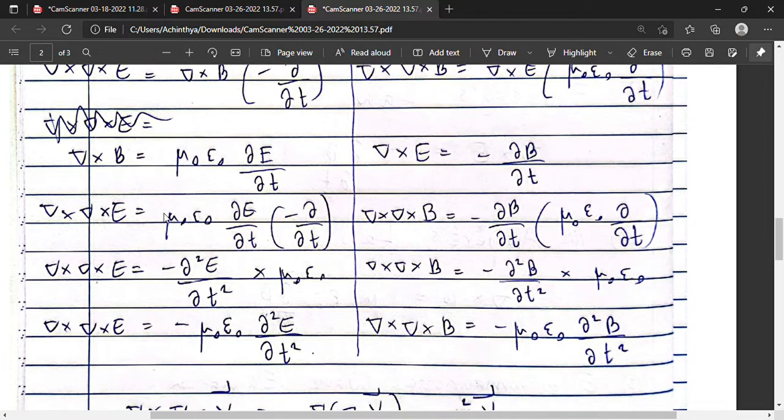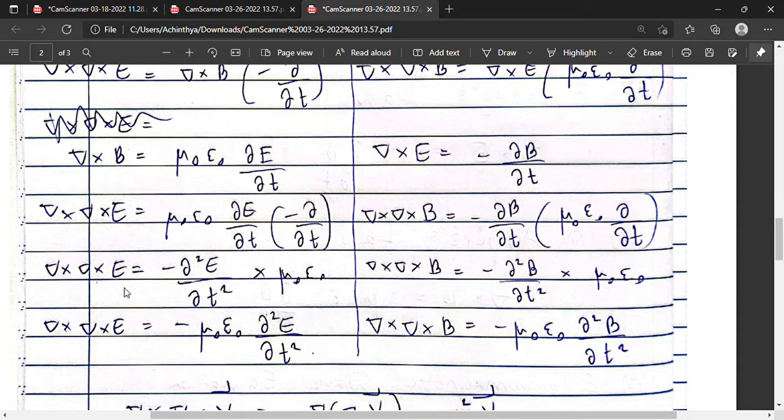So basically what we have over here is mu naught epsilon naught in terms of the derivative of the electric field with respect to time with respect to time. So what we are having here is essentially a secondary derivative, and of course, it has a minus value over here. This expression is negative.